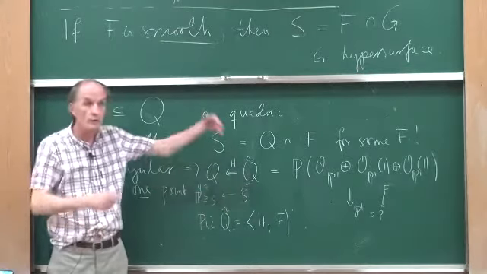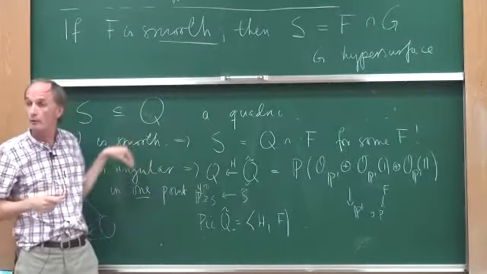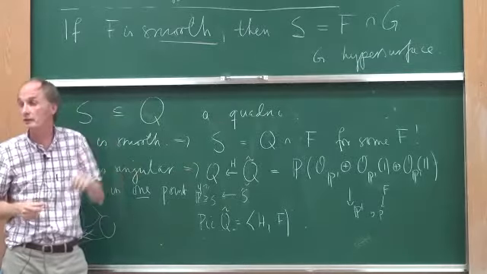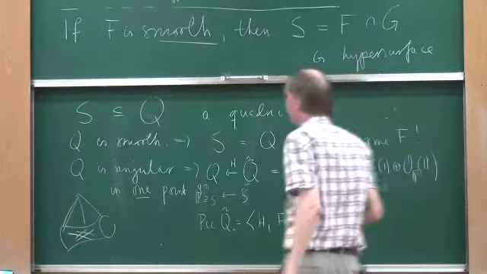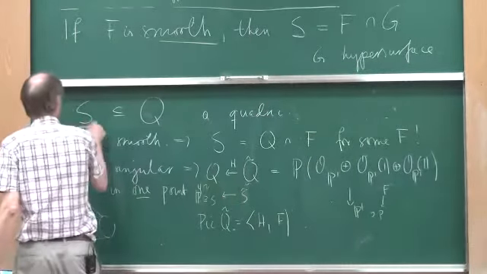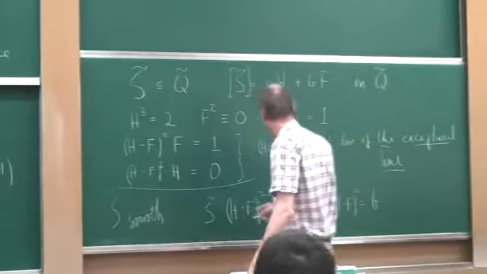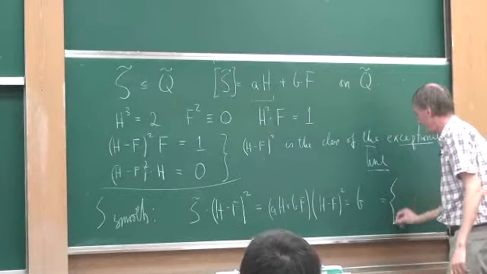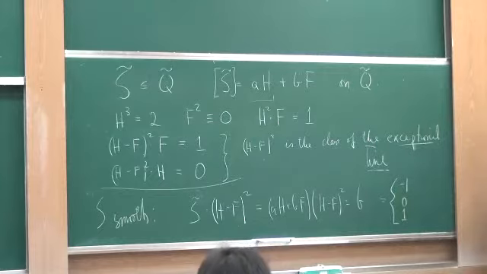Otherwise, if there are 2 or more points on that line, those points will come together when I blow it down, and then the surface will be singular at that point. So if S is a smooth surface, then B is equal to either minus 1, 0, or 1. These are the only possibilities.